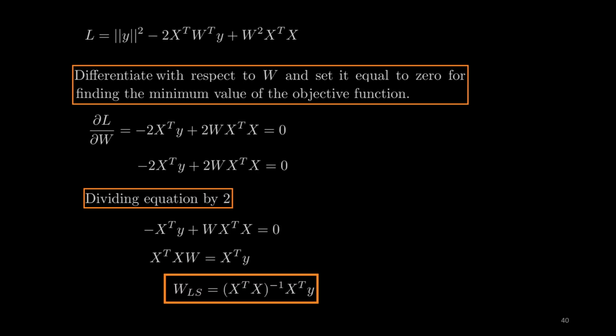So everything about the performance of a regression model depends upon the value of the weight. If the model is not performing well, it means we need to adjust the value of its weight and bias, or we need to find the new or the optimal value of the weights and the bias of the regression model. So we have found the optimal value of the weights and bias of the regression model using this least square method.